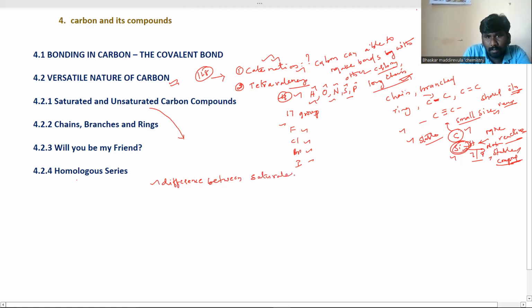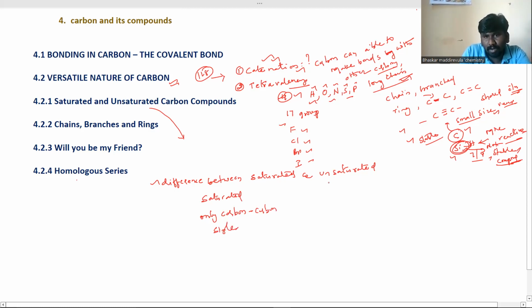saturated and unsaturated carbon compounds. Remember, saturated carbon compounds have only single bonds, only carbon single bonds.